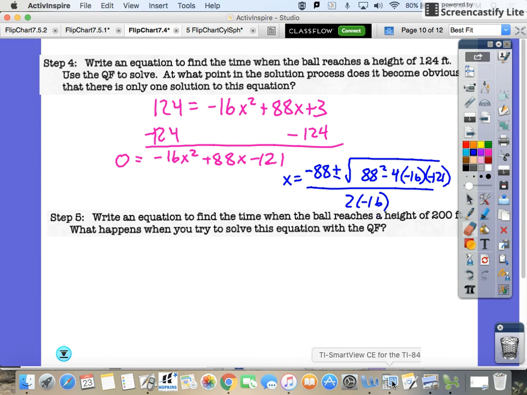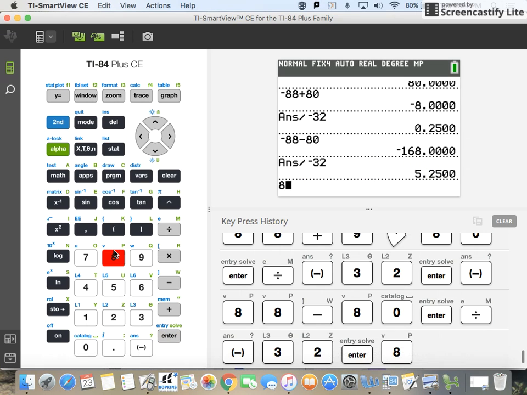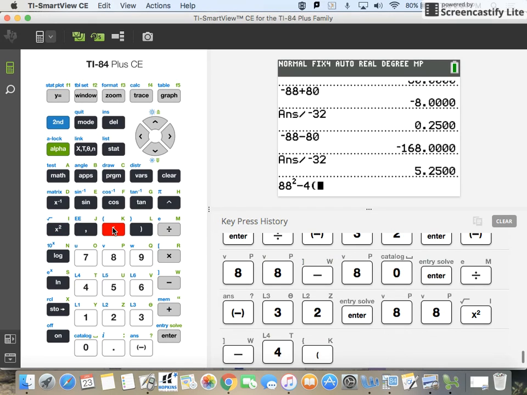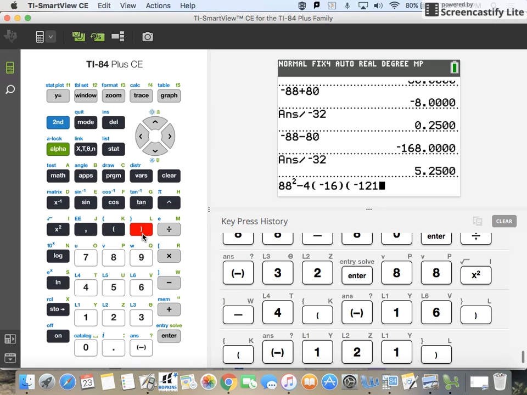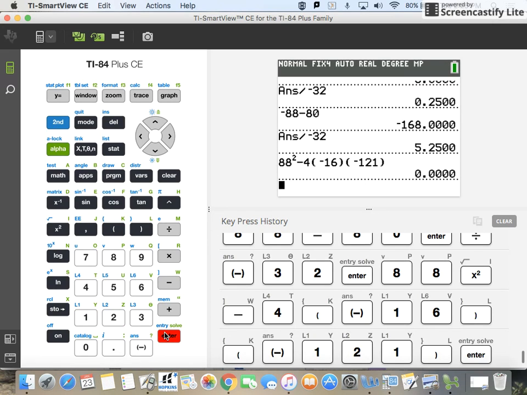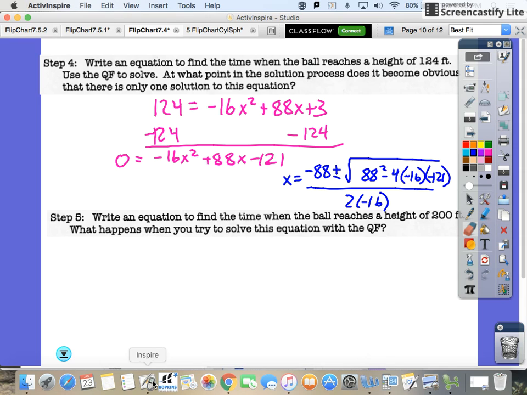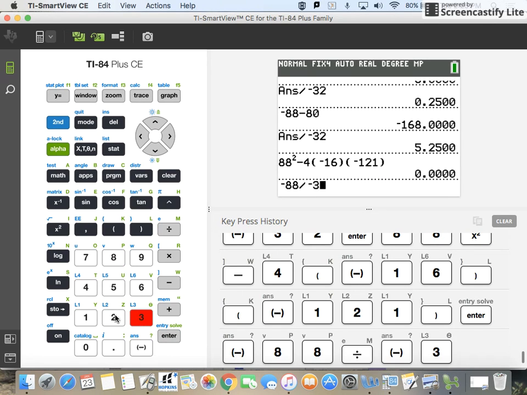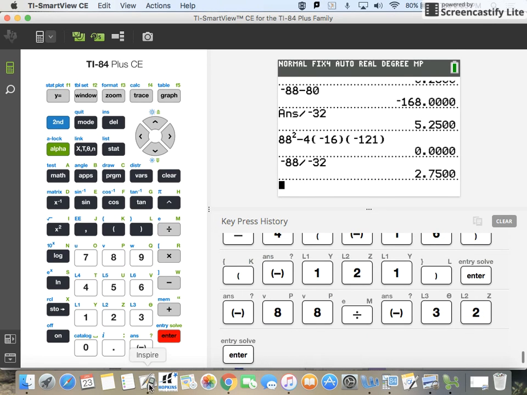So let's see what happens here. 88 squared minus 4 times a times c is 0. Okay, so this becomes negative 88 plus or minus 0 over negative 32, which is really 2.75.